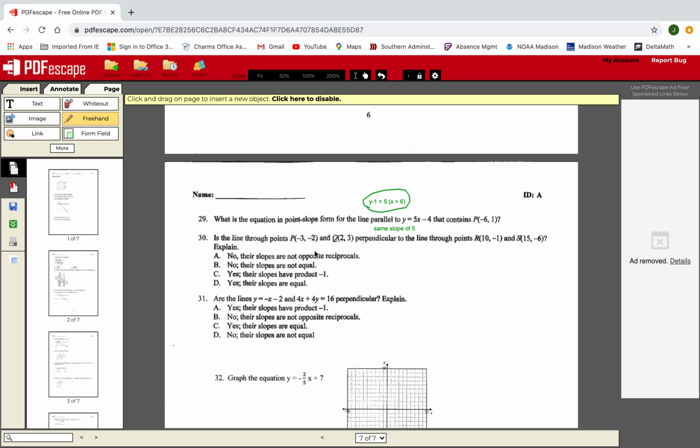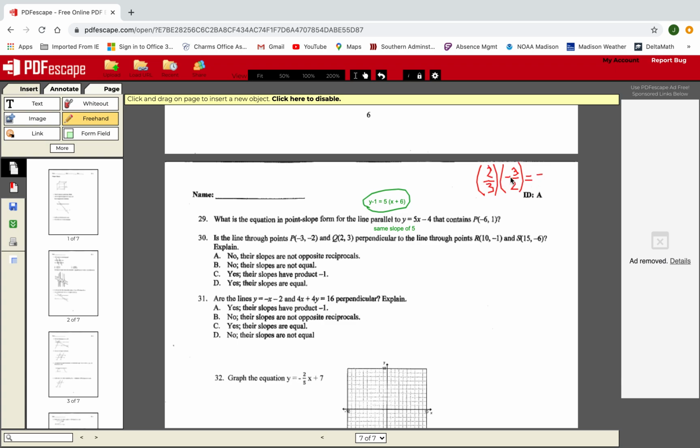Let me just give you an example here. If I had a slope of 2/3, and I had a slope of -3/2, those are opposite reciprocal slopes. Hopefully you can see that. If I multiplied these two slopes together, notice that positive times a negative is a negative.